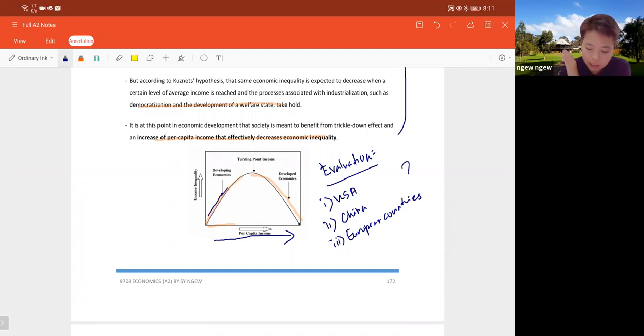Is it really happening in these countries? And not only the countries mentioned, but also those not mentioned, is it true that this Kuznets hypothesis works or applies? So let's ponder and think about it.